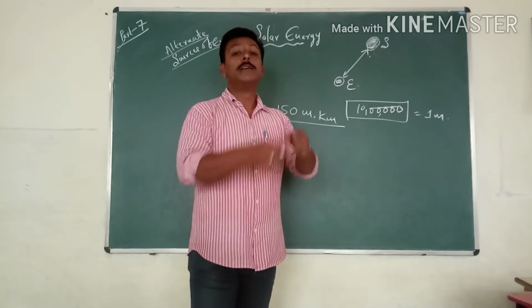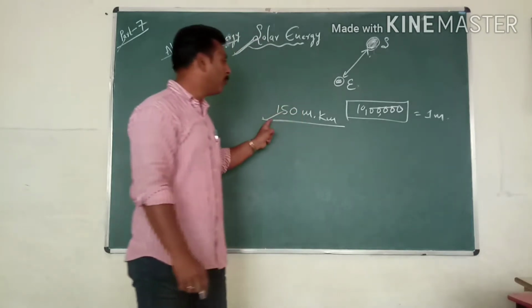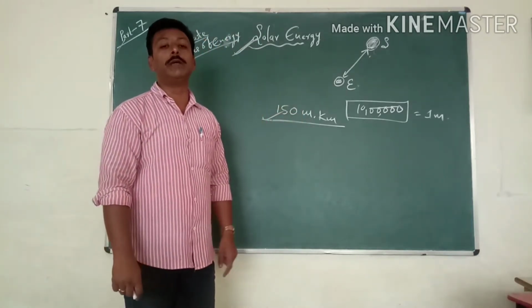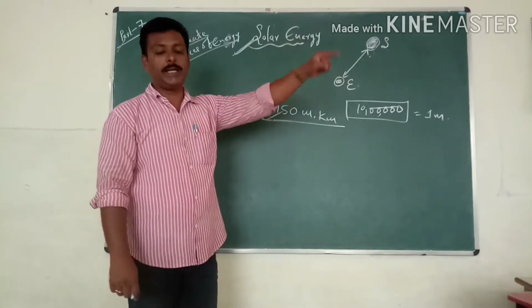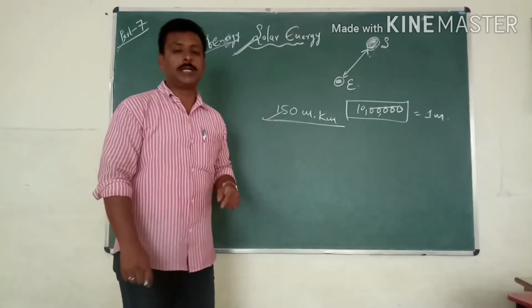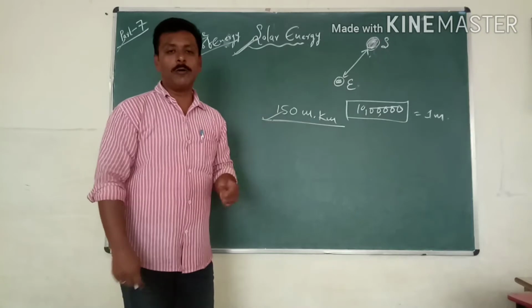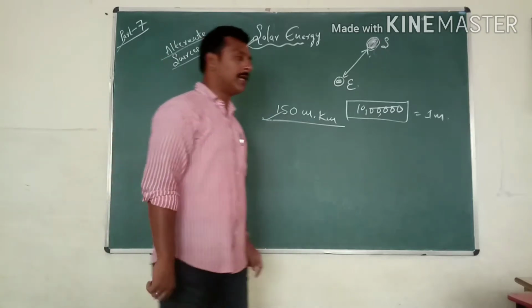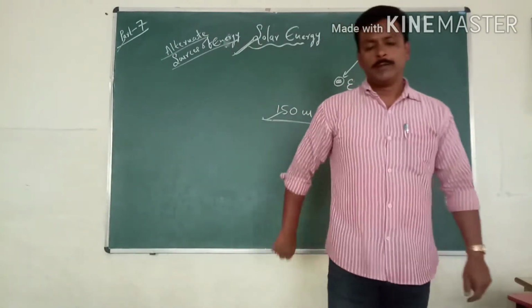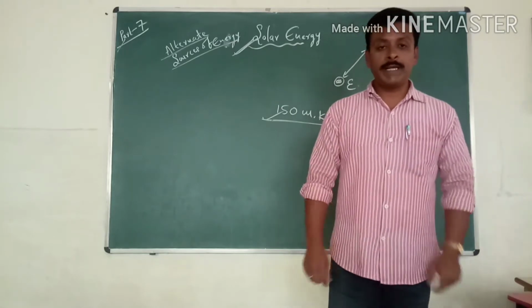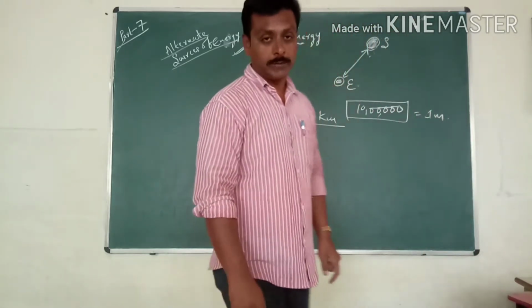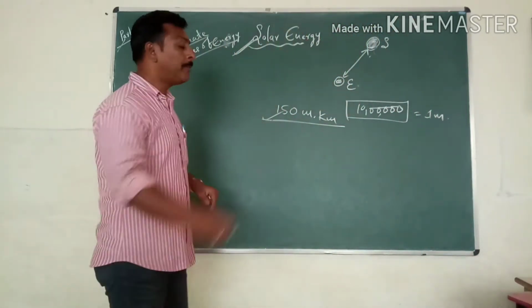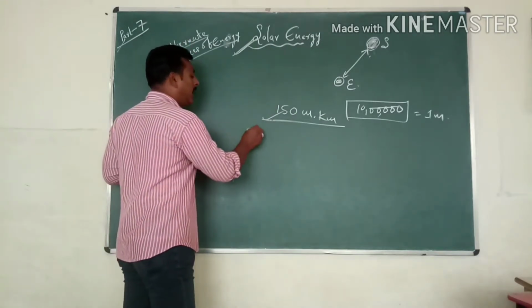That light has traveled nearly 150 million kilometer, and it is able to reach your earth, your house, your ground, your plane, everywhere. Then how much time may it take, sir, to reach the earth? To reach the earth, it will take approximately 8 minutes.